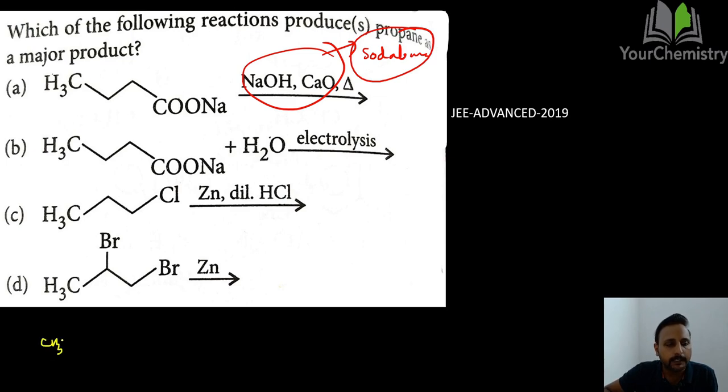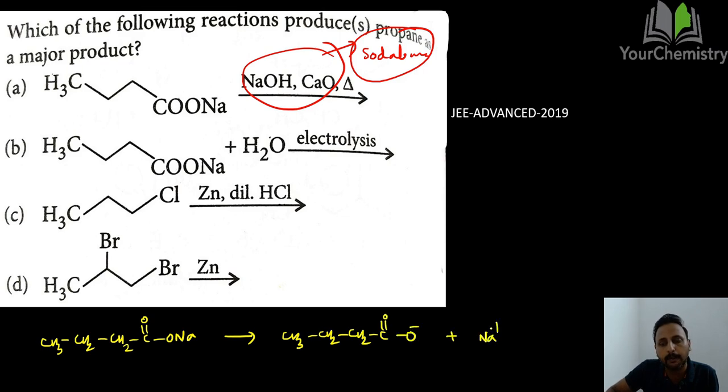If I take CH3CH2CH2COONa, this basically will change into CH3CH2CH2COO minus plus Na plus. Now upon heating, this will simply release CO2, and what I will be getting?